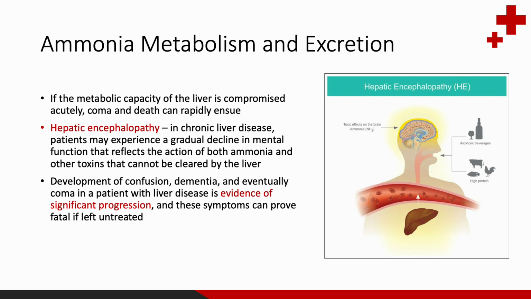If ammonia and other toxins cannot be cleared by the liver in patients with chronic liver disease, hepatic encephalopathy can occur when patients experience a gradual decline in their mental function. Development of confusion, dementia, and eventually coma in a patient with liver disease is evidence of significant progression, and these symptoms can prove fatal if left untreated.